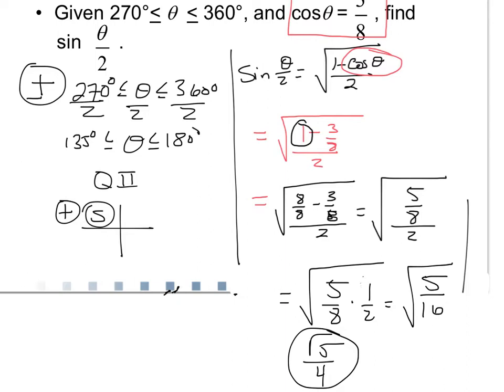So here's what's happening. I tell you I got some angle, it's in the fourth quadrant, and I know cosine of that angle is going to equal positive 3/8. So if I divide that angle by 2, what is sine going to equal? Not knowing what the angle is, how can I get the trig ratio?